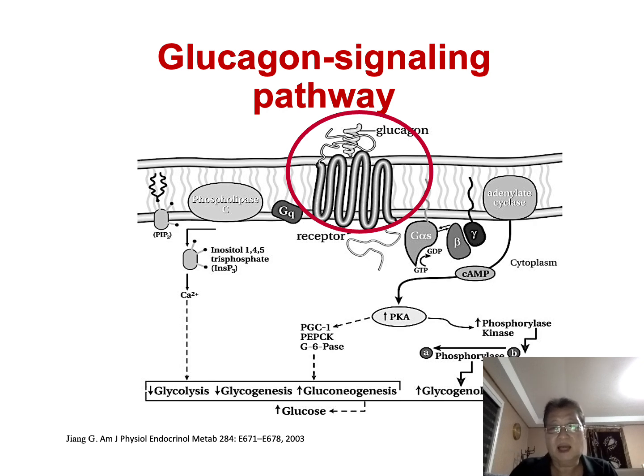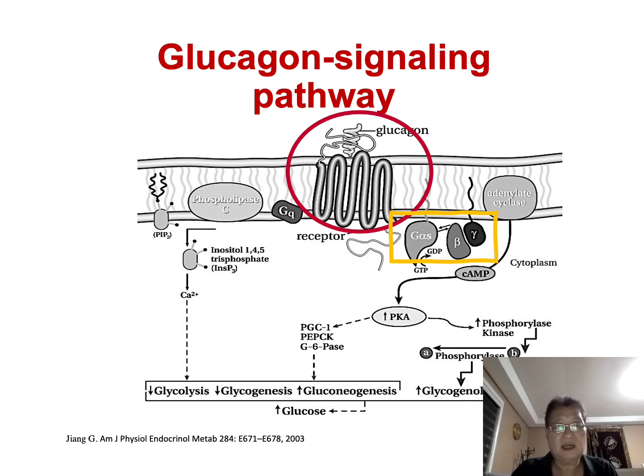And it is linked to a G protein, guanine nucleotide binding. The GPCRs are heterotrimeric, meaning they have three subunits: the G alpha, the beta and gamma. So it's a trimeric, three-subunit protein.